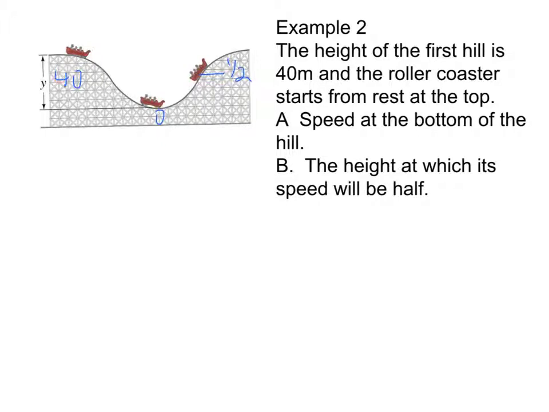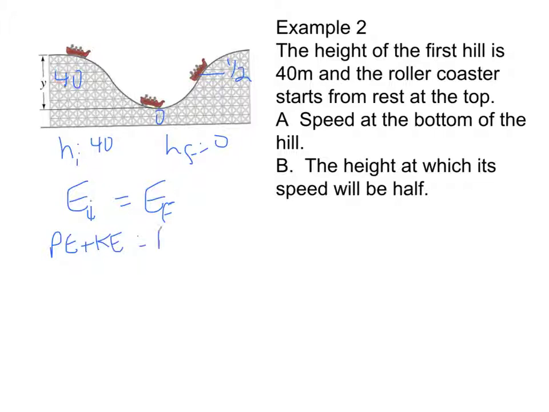So, height initial equals 40. Height final equals 0. So it's energy equals energy. So, PE plus KE equals PE plus KE.